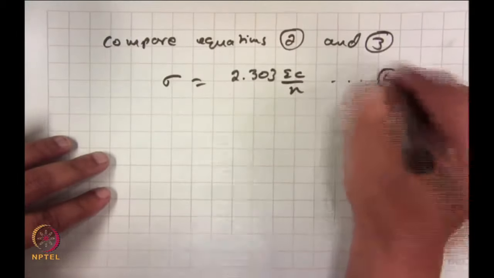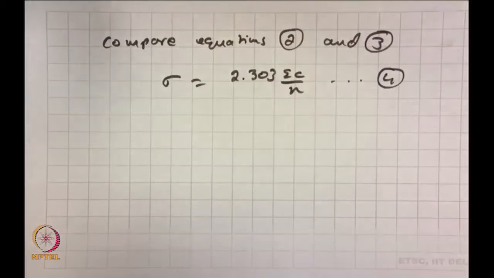This is equation 4. That means, your absorption cross section area is equal to 2.303 times epsilon C over n. 2.303 comes from that conversion factor ln to log, log to ln, like that.